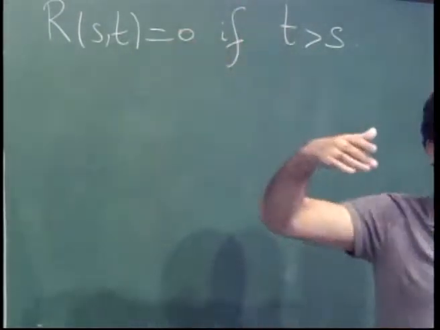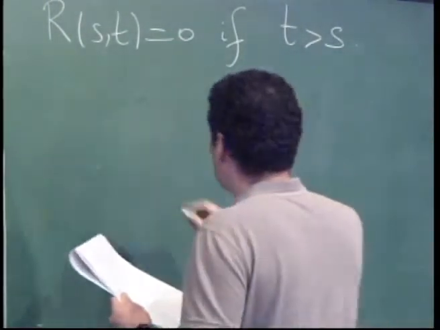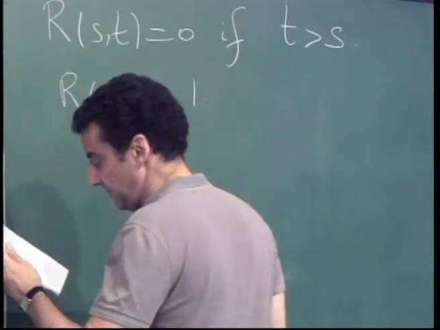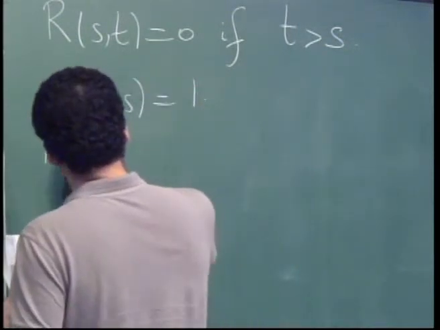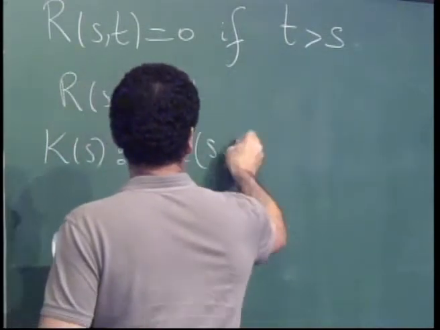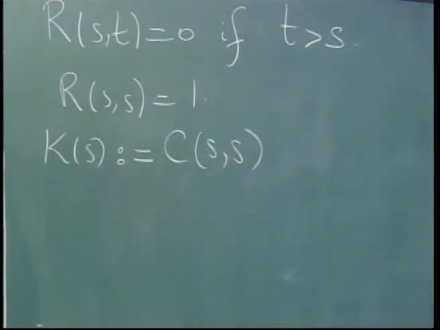Okay, so the response begins after you've excited the system, not before. And on the diagonal it will just be 1. And we will note K of s, that's a notation, I will note K of s to be C on the diagonal. So that's something that you should remember, something that we have already encountered.